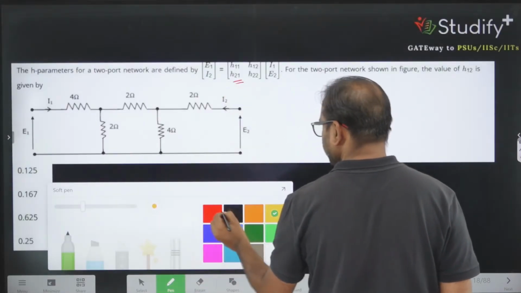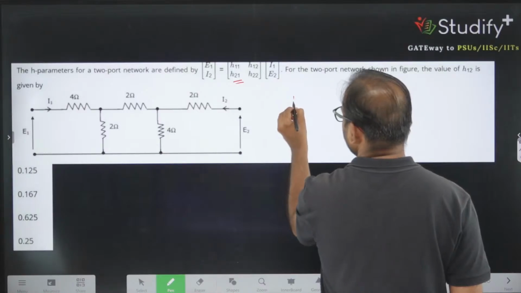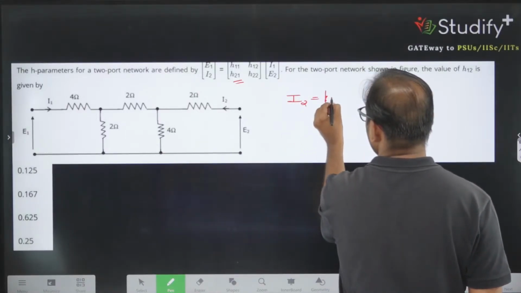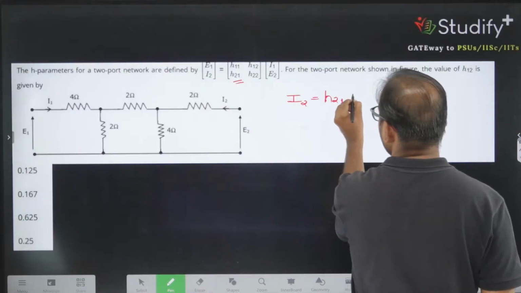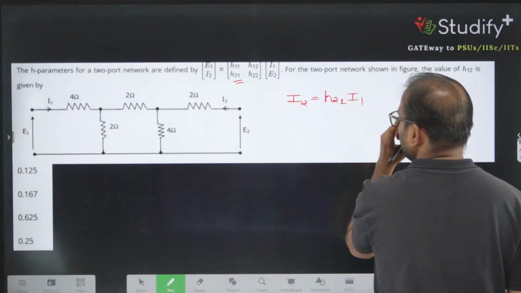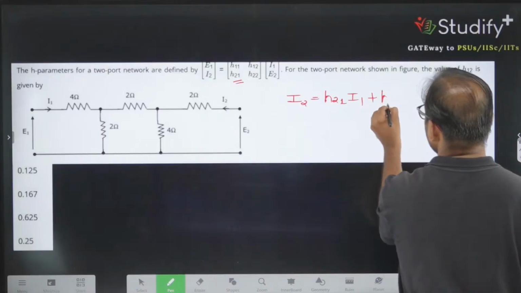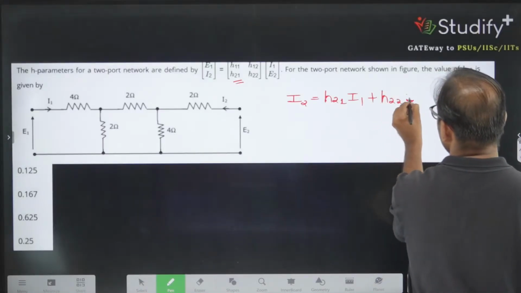So can I say I2 is given by H21 I1 plus H22 E2.